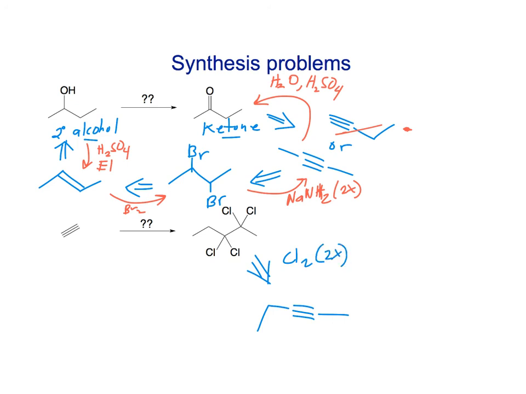So this would be kind of doing the synthesis and retrosynthesis at the same time. Now we need to get from this internal alkyne to just acetylene up here. So we're going to have 2 separate steps. It doesn't matter which order we do these in. We could go back to this alkyne and then back to that one.